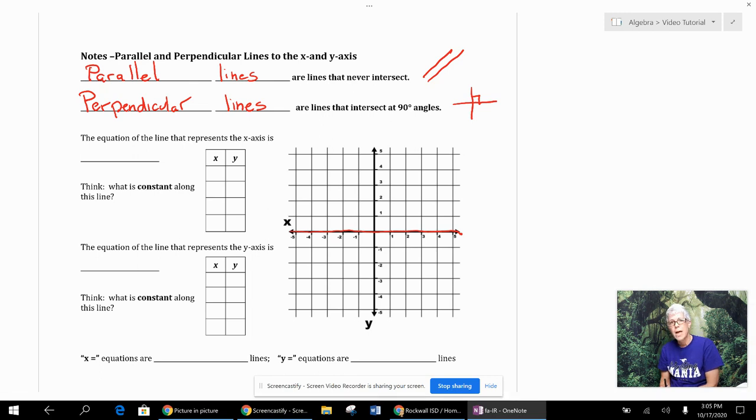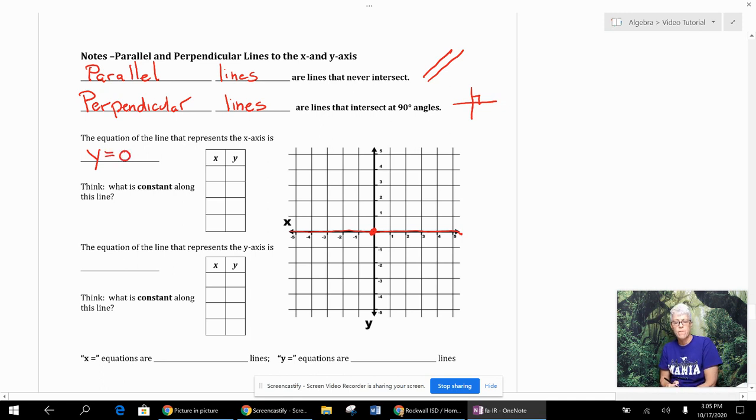If I look at where the x-axis is, it crosses the y-axis at 0. It crosses it right here, and this is where y is 0. So the equation of that line actually is y equals 0.